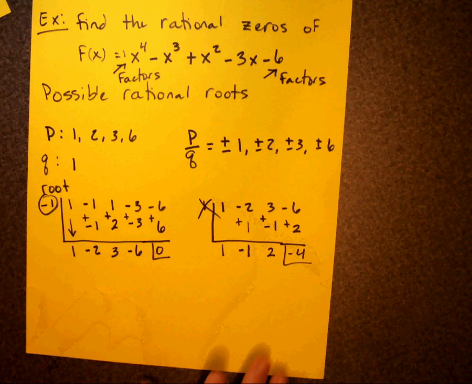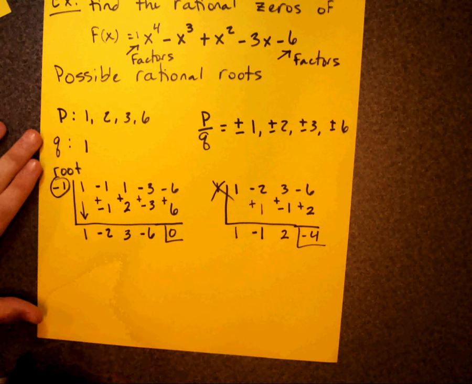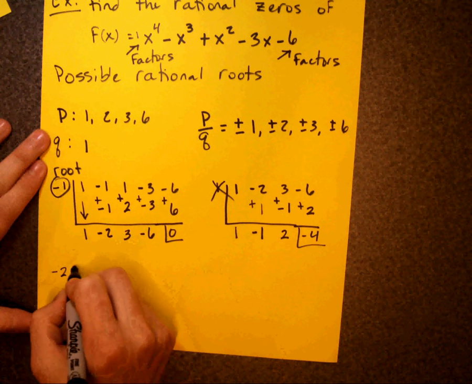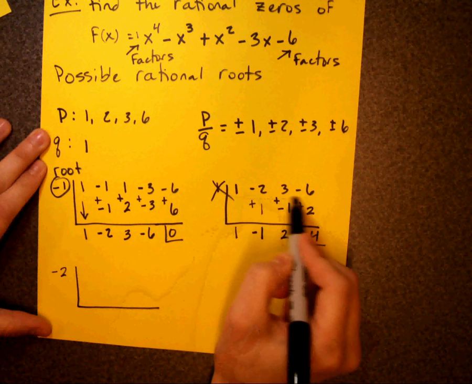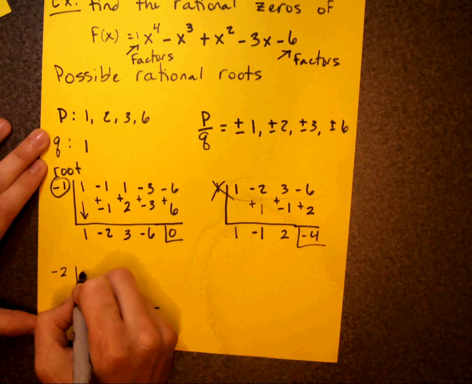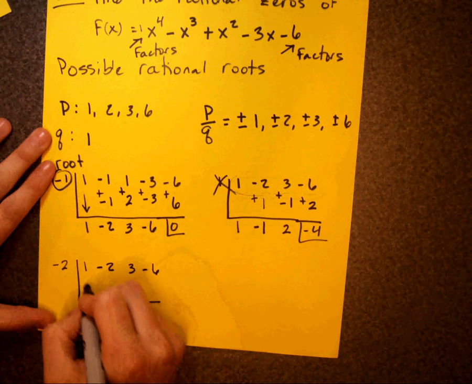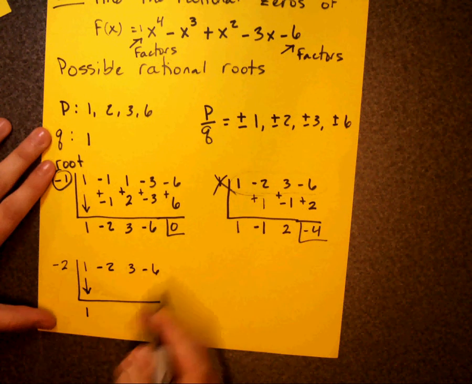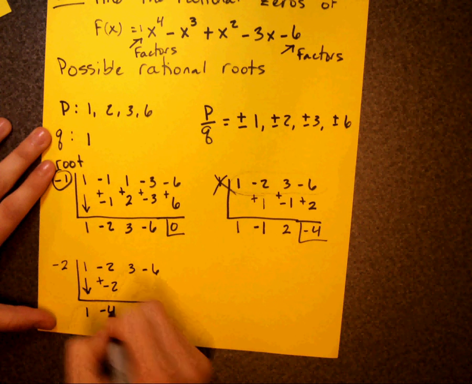Let's try negative 2. All right, so I'm just going through the list. So negative 2. And again, I'm still using my cubic that we found. 1, negative 2, 3, negative 6. Bring down my first term. Multiply. Add. Multiply.